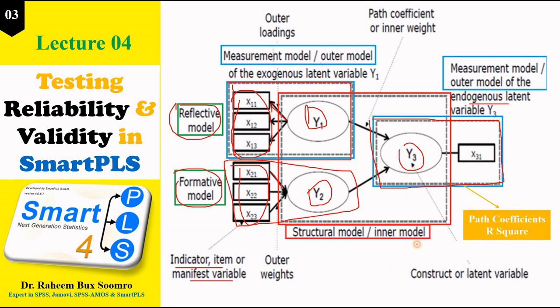In the structural model, or the inner model, basically we are going to test the path. Path means the impact of the independent variable on the dependent variable. Along with the path, we can also compute the R square. That is the basic job of the structural model.